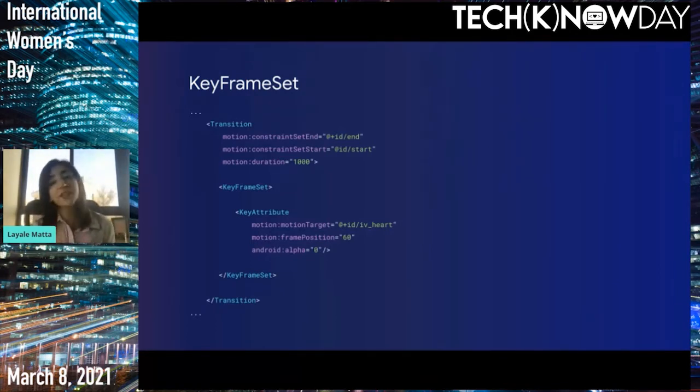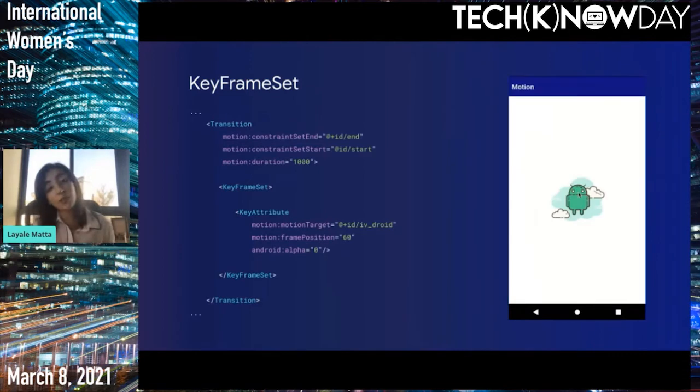This key attribute takes the motion target that defines the view, of the many views, associated with this change. The frame position defines where along the animation this change takes place. So it can be one of 101 positions, from 0% to 100%. Here it's set to 60%. And I set its alpha to 0.